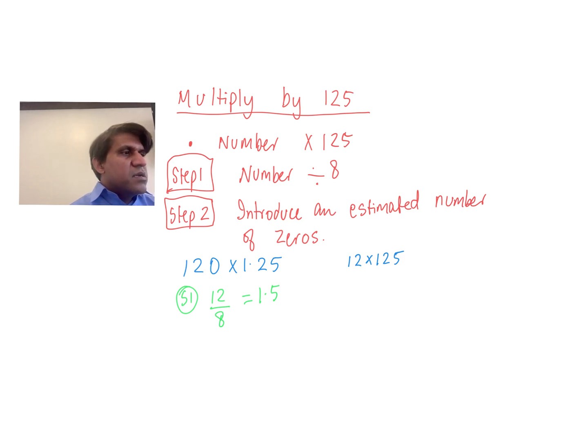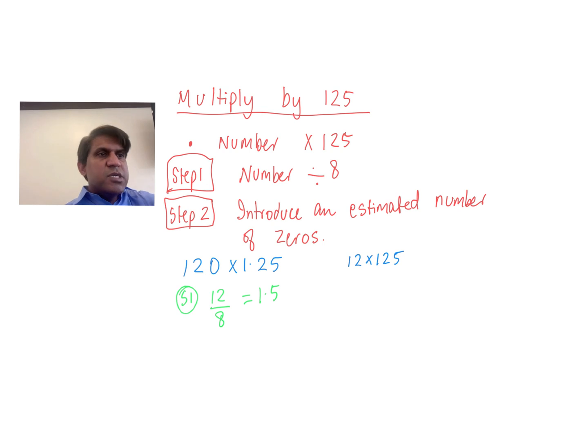Now, if I look at 120 times 1, that's 120. Now I'm putting another quarter into it. So my answer will be somewhere between 120 and 240. That is for sure.